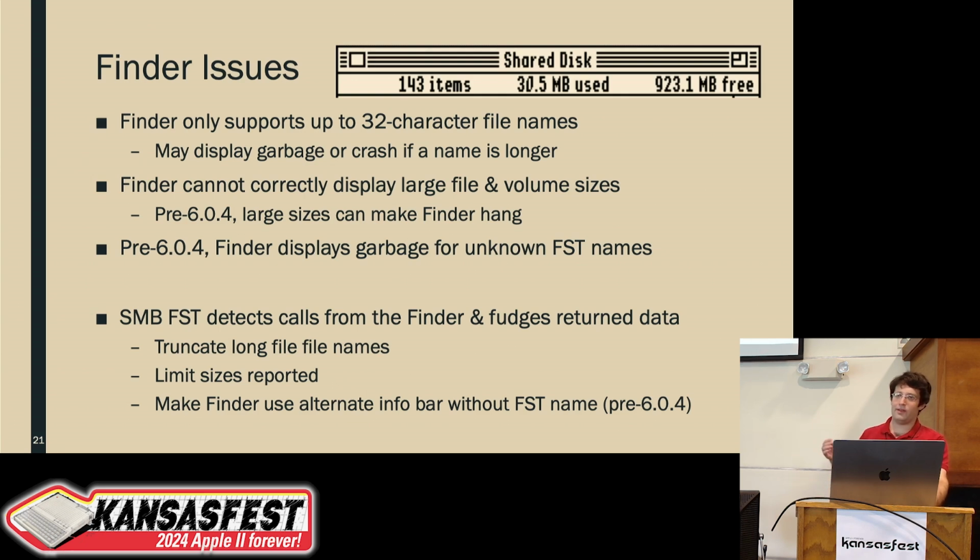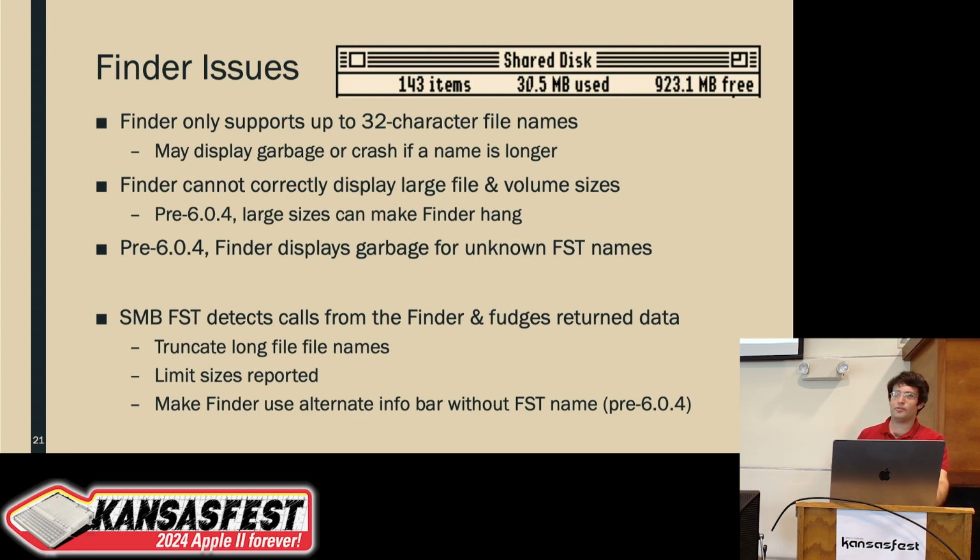One of the big ones is it limits file names to 32 characters, because that's as long as anything could be. Like HFS only has 31 characters maximum. And so if you have a file name longer than that, it will display the characters beyond that as garbage. And in some cases, if it's long enough, it can actually cause the Finder to crash.